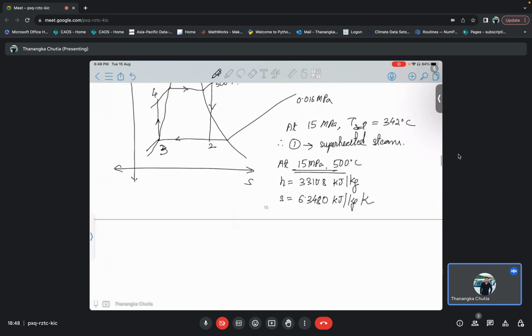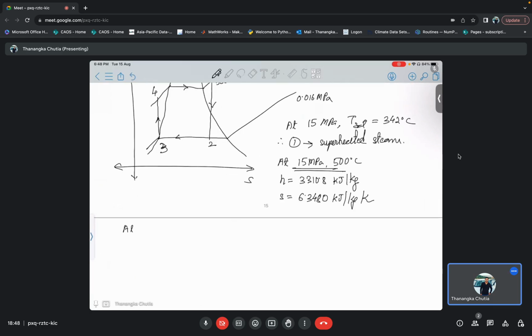And again we also know these values. At 0.016 megapascal my Vf is 0.00100471 meter cube per kg.